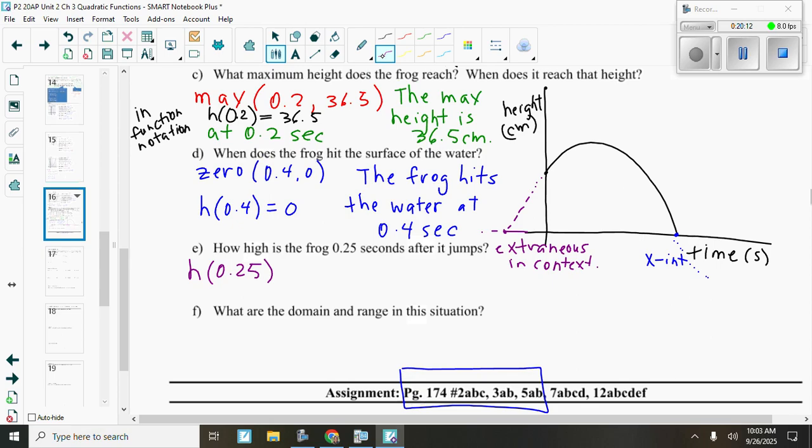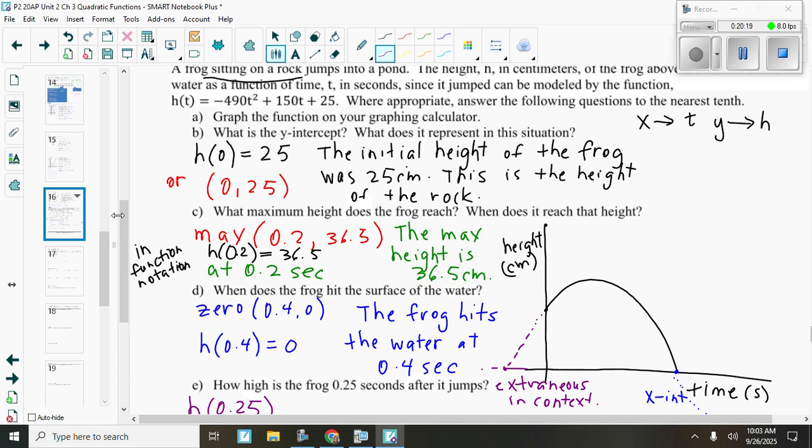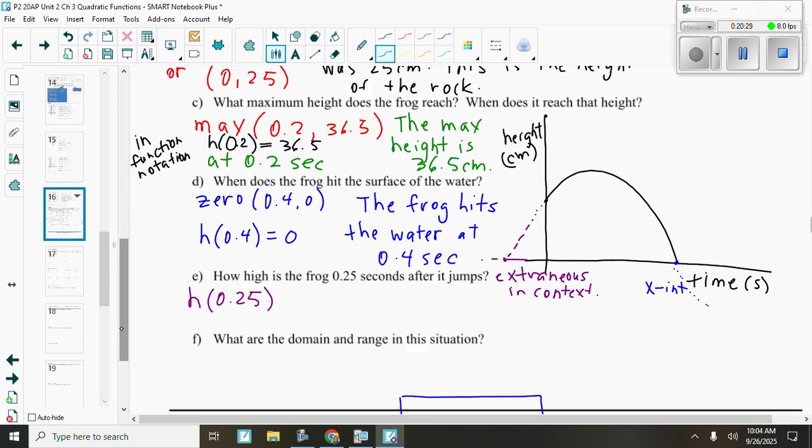You need to show me the substitution, because we have an equation here. You're still going to use your calculator to give you the answer, but I want you to show me what's going on in order to get it. So in this case, we're substituting in time is equal to 0.25 wherever time showed up in our formula.